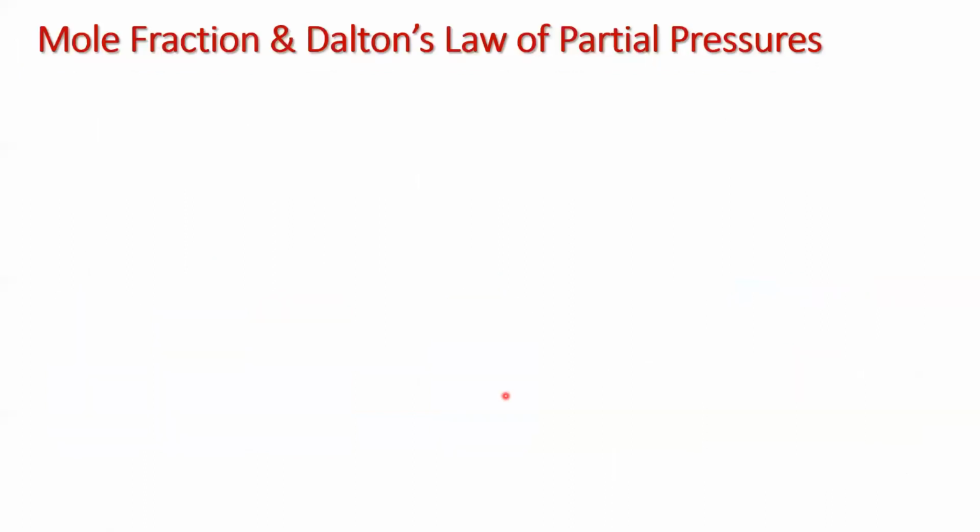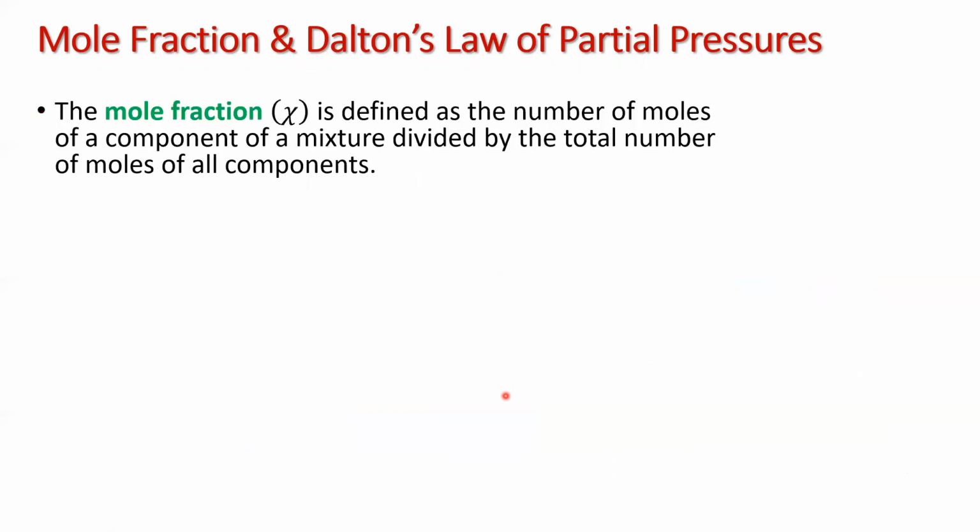Now, when we deal with Dalton's law, we're going to talk about what's called a mole fraction. The symbol for mole fraction is an italicized X. Mole fraction is the moles of the component in the mixture that we're looking at divided by the total number of moles of all of the gases in the mixture.